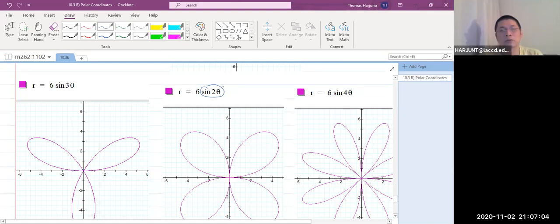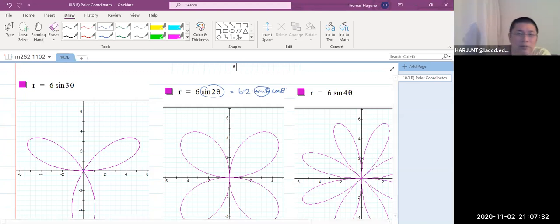In terms of cosine. So let's say this is equal to 6 times, what's that? That's sine squared. So this is 6 times 2 times sine theta cosine theta. I try to rewrite it in terms of cosine only.